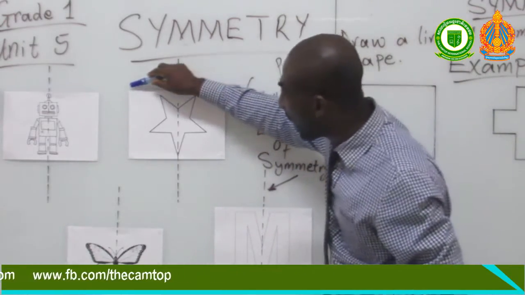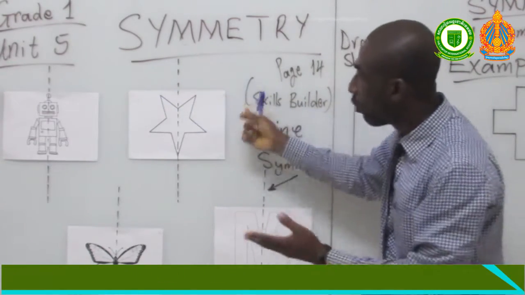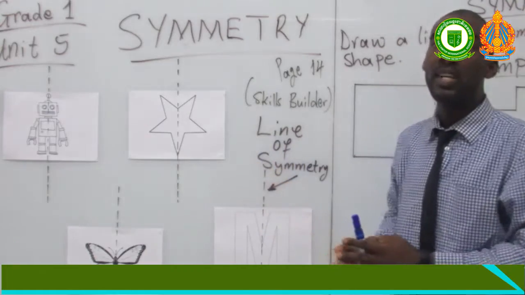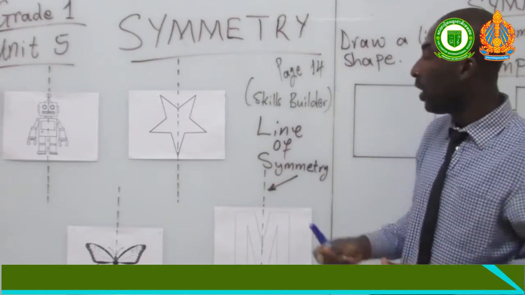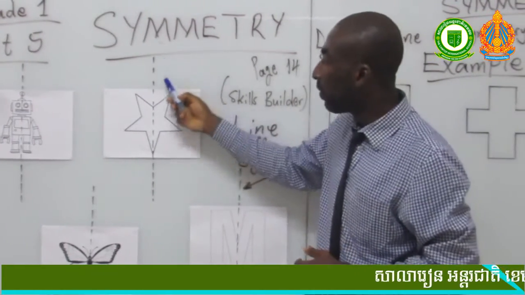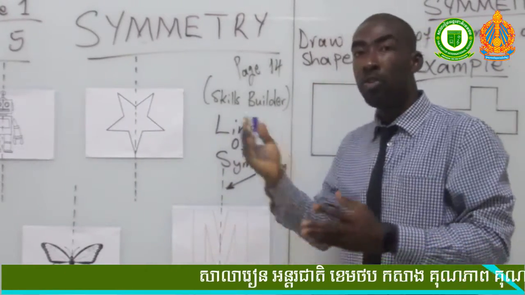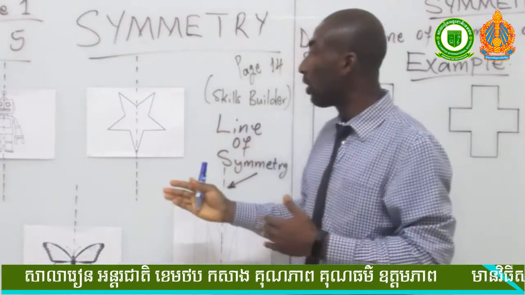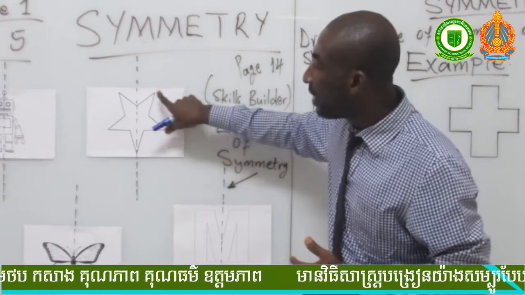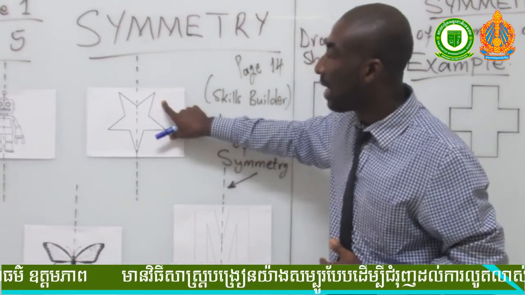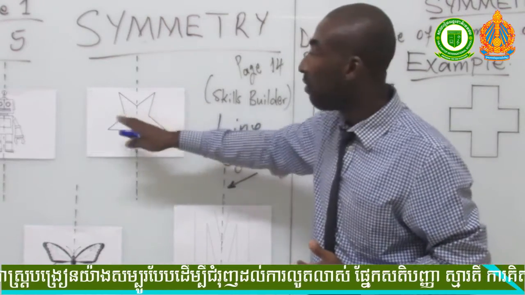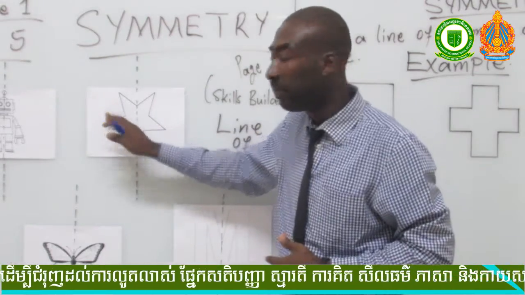When you put a line through this side and it cannot fit well, it means that you have a wrong line of symmetry. So whenever you are putting a line of symmetry into your drawing, you look at both sides and make sure that whatever design you have on the right hand side is the same as you have on the left hand side, okay?